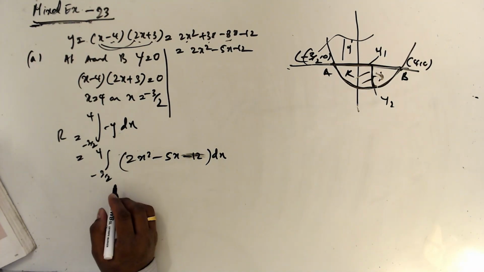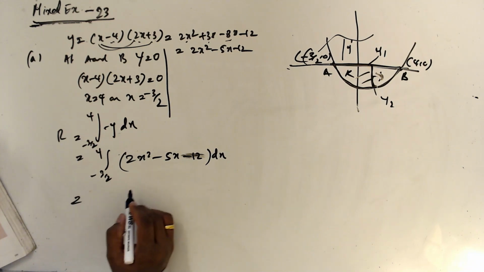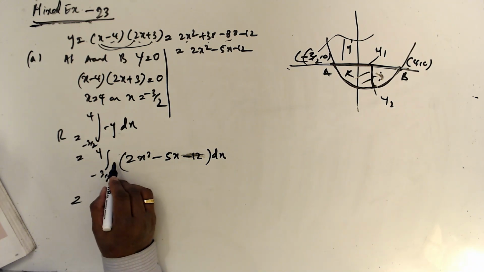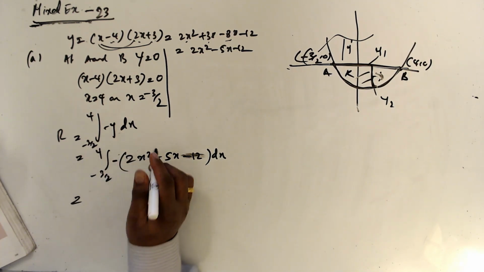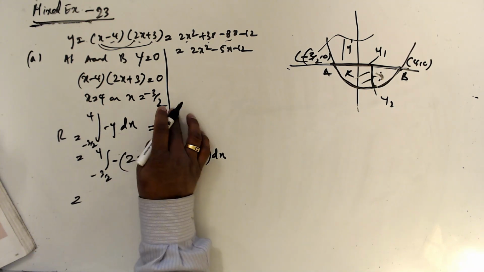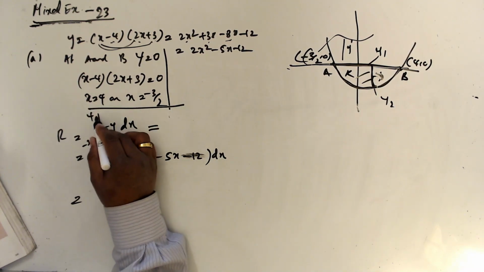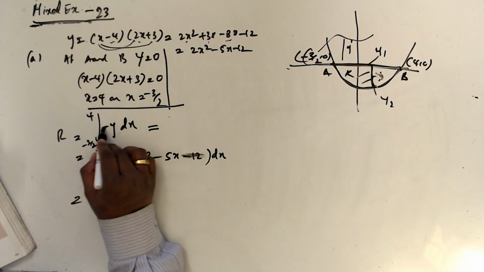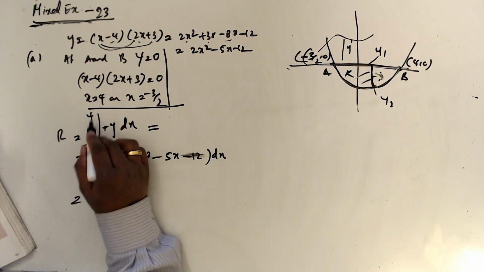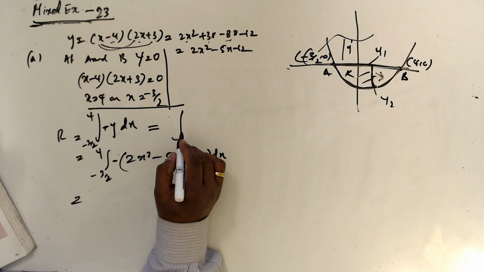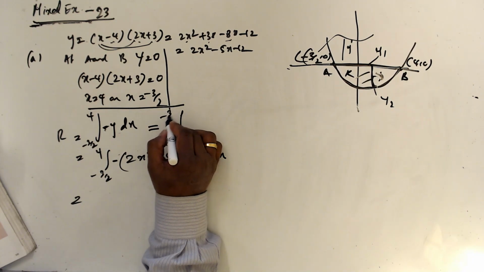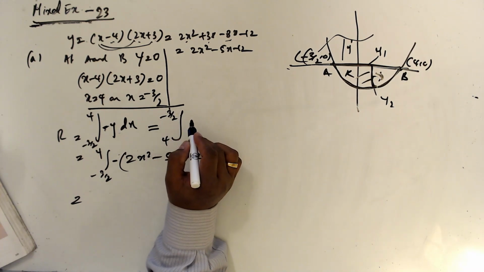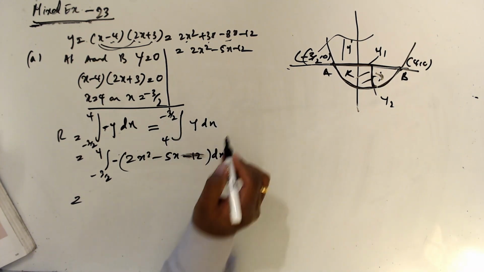So when we integrate this one, this is minus value. Actually we learned that I can get rid of this minus on y by swapping the limits, that is going to be 4 to minus 3 over 2 of y dx.